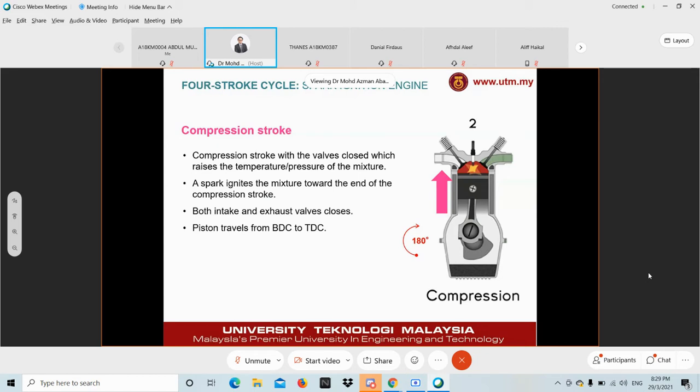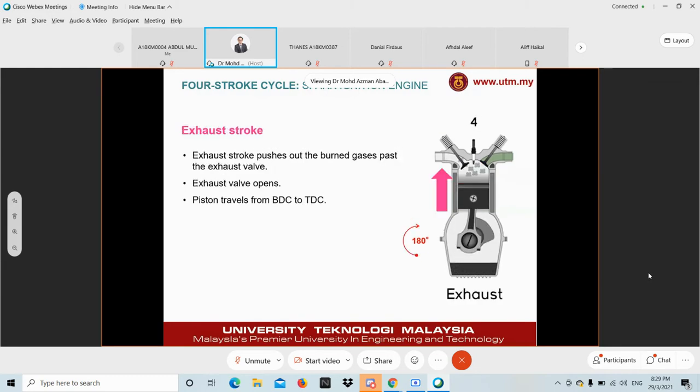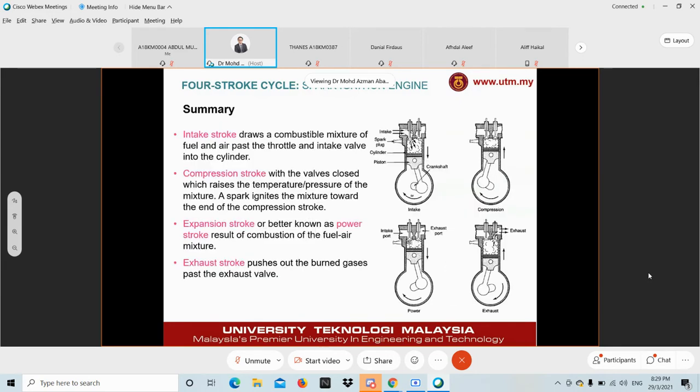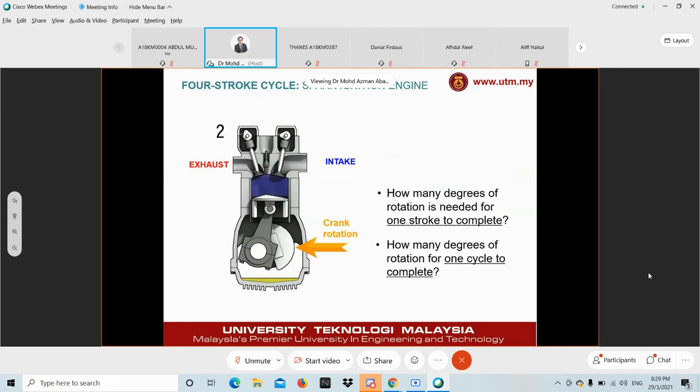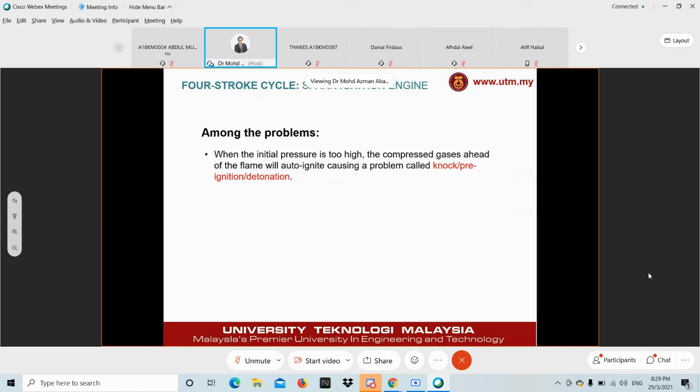This is the phenomenon they call pre-ignition, or knocking, or detonation. As we go on with other chapters in this course, in the combustion chapter we will definitely cover more on knocking, pre-ignition and detonation.